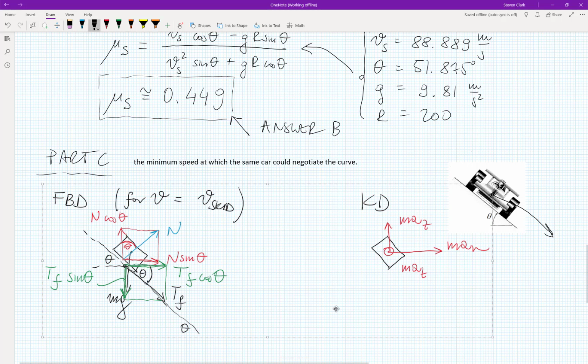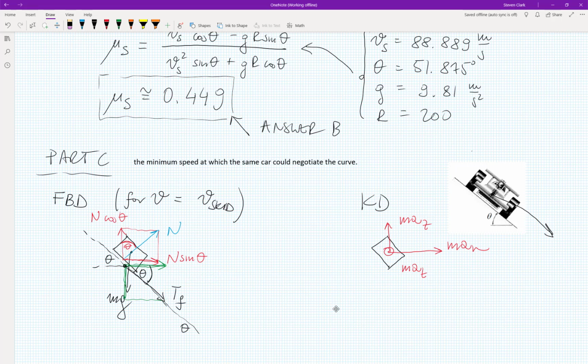So there's only one difference I should make to my free body diagram compared to the one we already drew. What is it? Exactly. I should flip the direction of the friction. So in this case, TF will not be pointing down the incline, but it will be pointing up the incline. And all the solution steps are exactly the same.